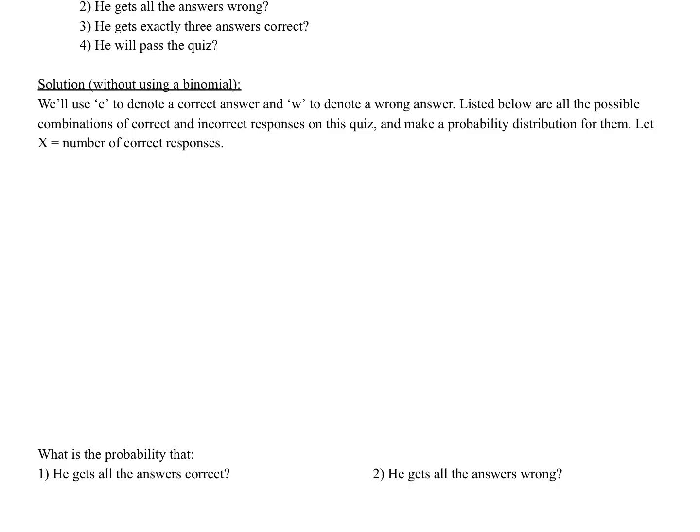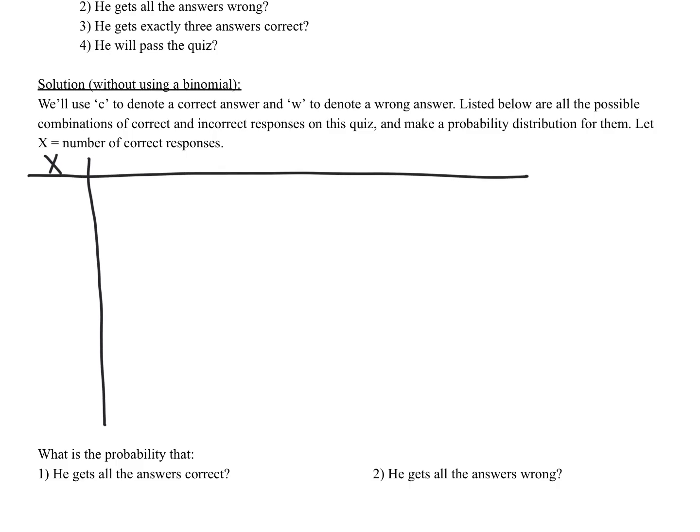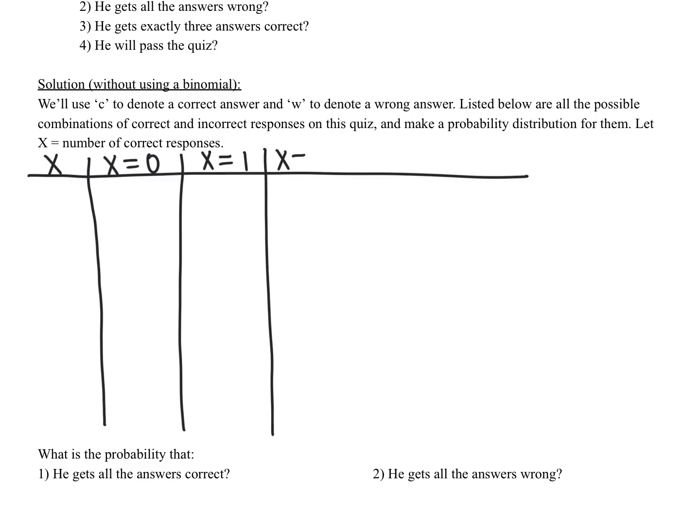It's very similar to the question where we flipped a coin and looked at the number of heads. So our row across the top, X, we can have x equals 0, because you can get none of them right. We can then have x equals 1, and we can go all the way up to x equals 5.